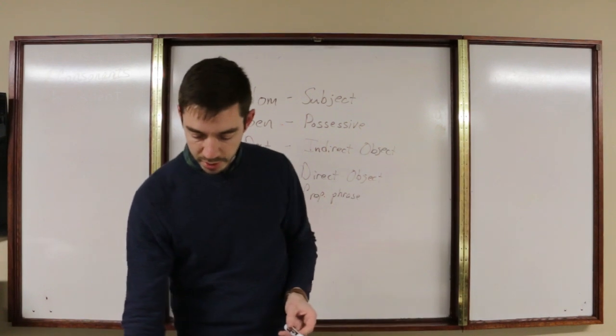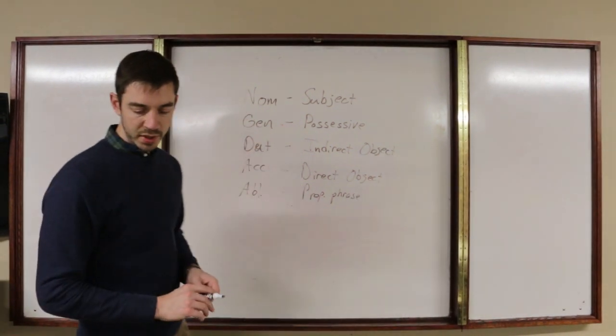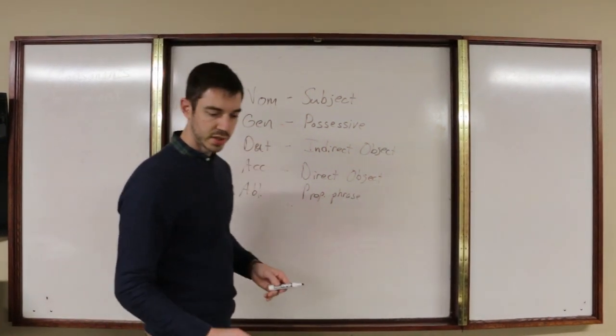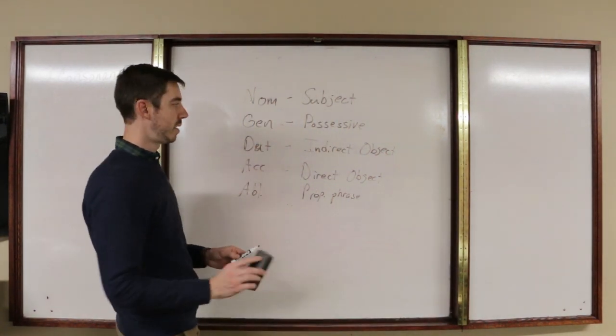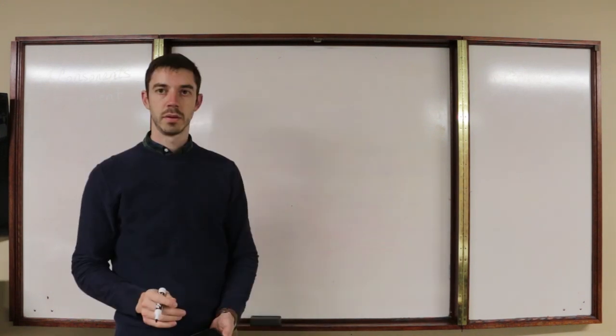Okay, so we're going to write another silly sentence. We did this a couple weeks ago, I think, but we're going to write a silly sentence to talk about the different jobs that nouns do in a sentence.